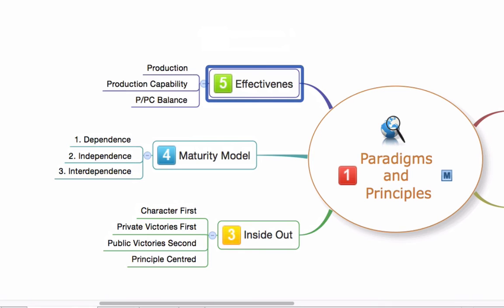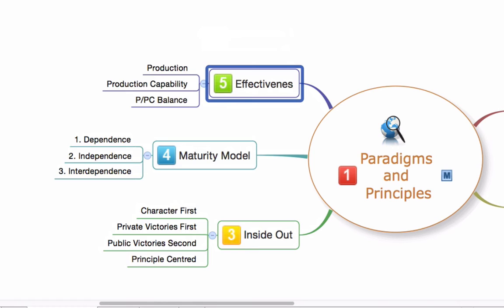It must be able to run and take you from point A to point B. Looking after the production capability is when you service your car. Now, if you don't service your car regularly, it will eventually break down. Hence, feeding your production capability at regular intervals will make your car more effective over a longer period of time. That is the basic principle. If you balance your production, your output, and your production capability, nurturing your ability to create this output, you will be more effective. And that, in a nutshell, are the paradigms and principles of the 7 habits of highly effective people.